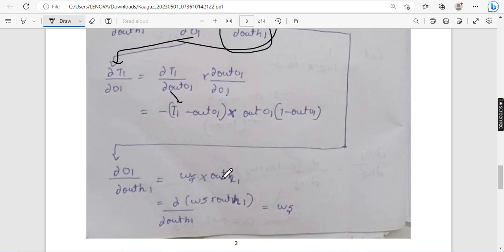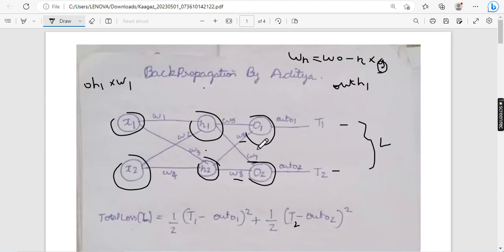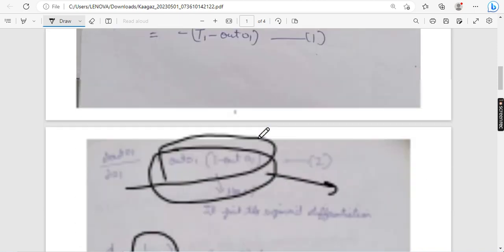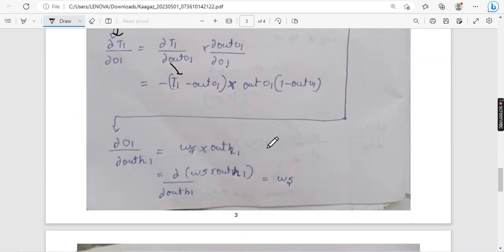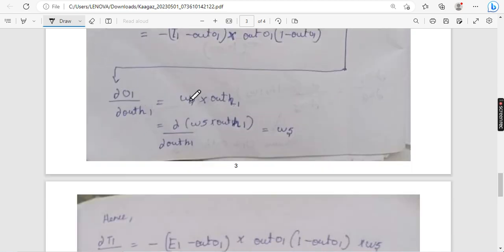This is the output of H1, and this is W5. W5 into output of H1 is O1, right? So that's why I've written it like this. All right, so doing the differentiation, this output of H1 and output of H1 will get cancelled because this is partial differentiation, and W5 will be intact, right?